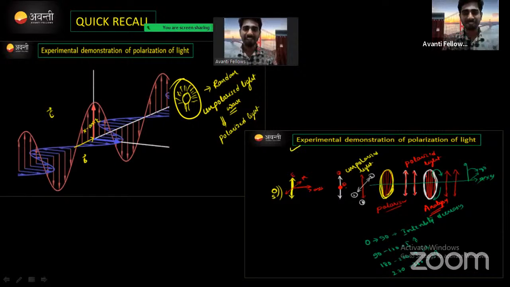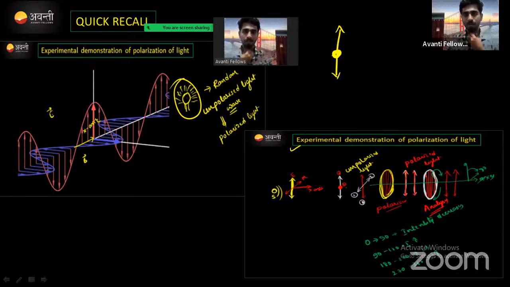Clear? The next thing is how to do this polarization. We discussed the experimental evidence along with the simulation. To write unpolarized light, we write it like this. The vertical line we call plane light, and the dot we call perpendicular light, which is acting inside the plane.